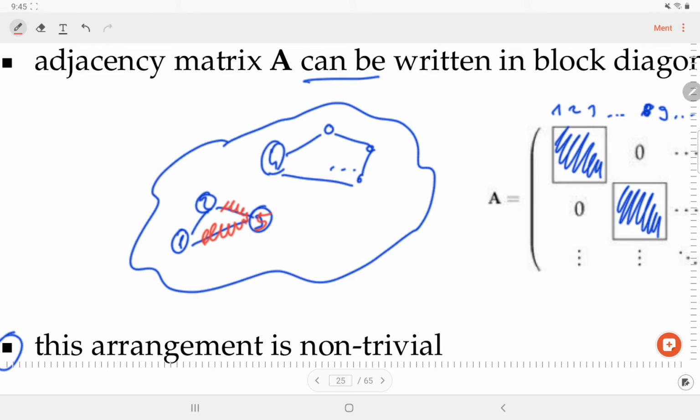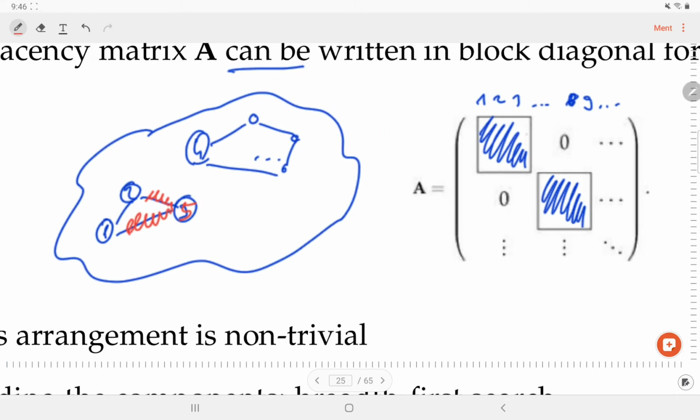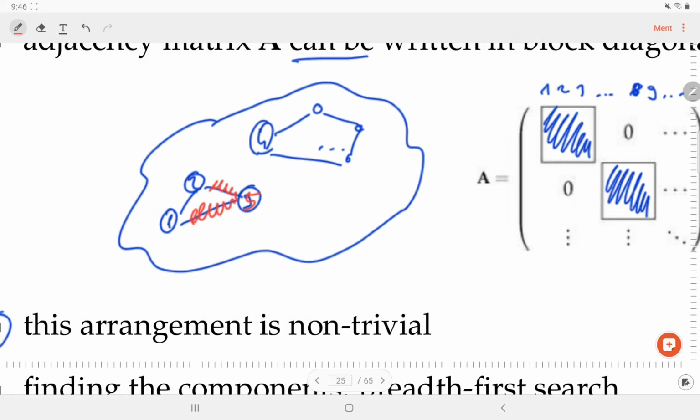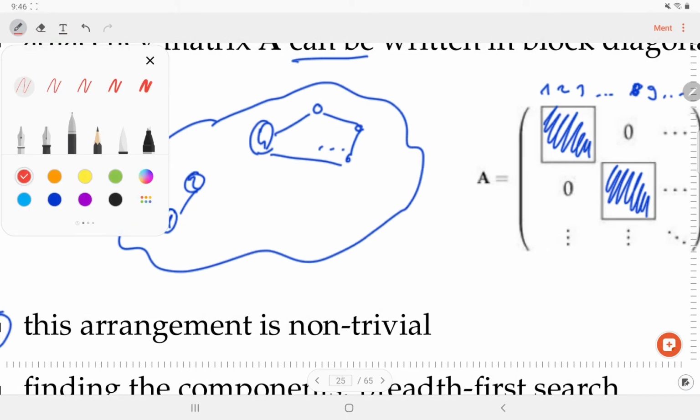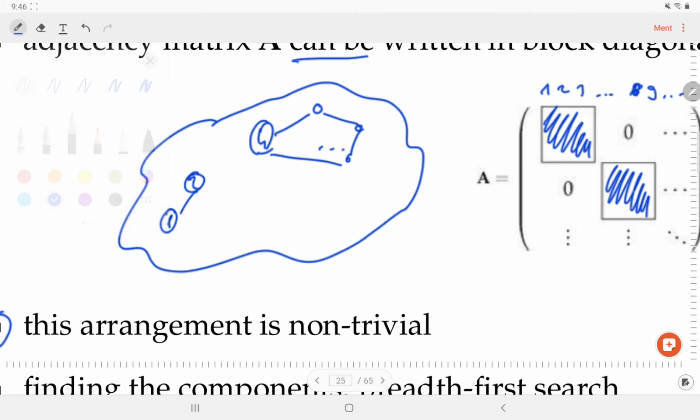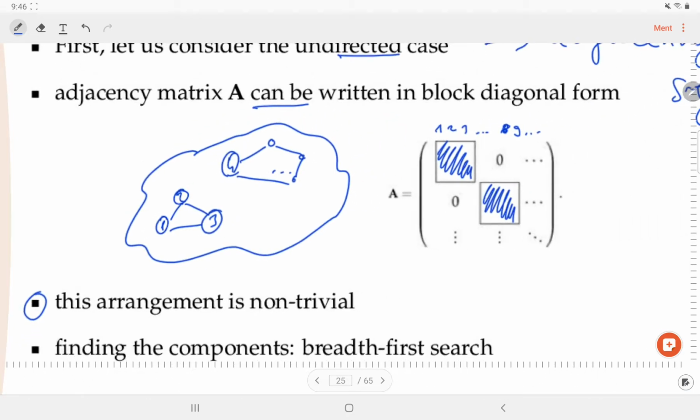Sorry, I messed it up. So we can still have the labeling in such a way. Let me just put it back. On this graph I can't make a good example.